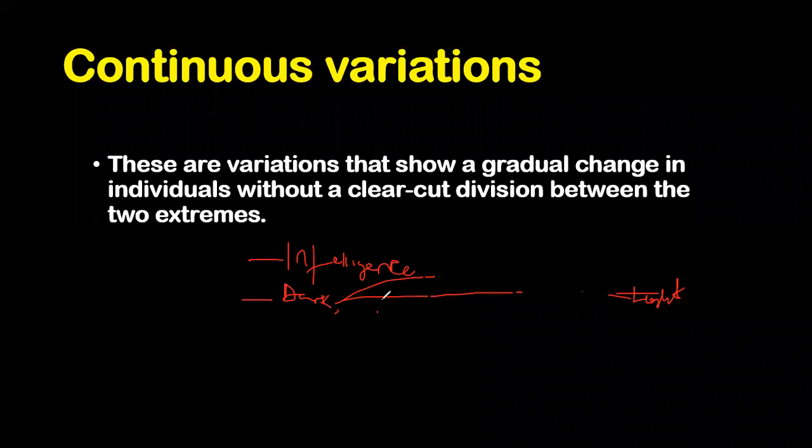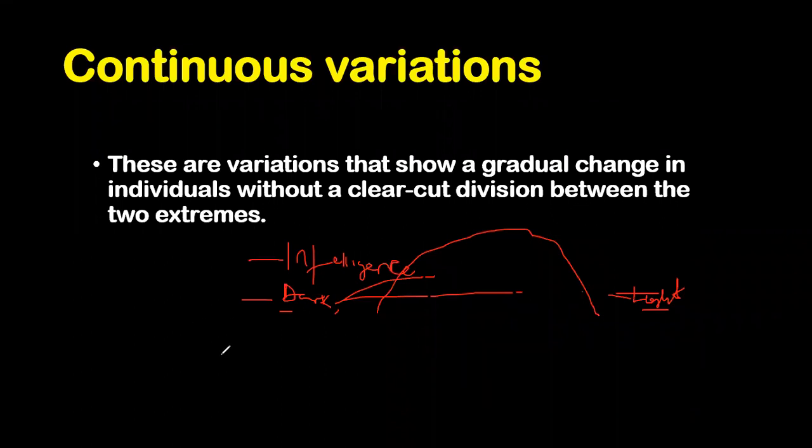And many of them, by the way, will be around chocolate. Majority are chocolate. Very few are too dark skinned and very few are too light skinned. Many of us are around the intermediate color. So that's what we call a continuous variation.